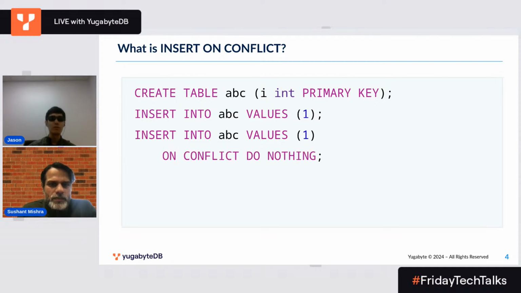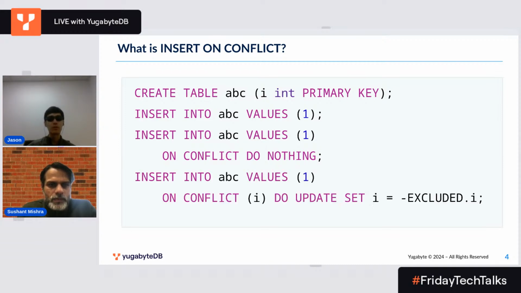Unless we don't want that, then we can specify this on conflict do nothing clause to silently ignore such duplicates and do nothing. Alternatively, we can do an on conflict do update and take some other action and update that existing row into something else.